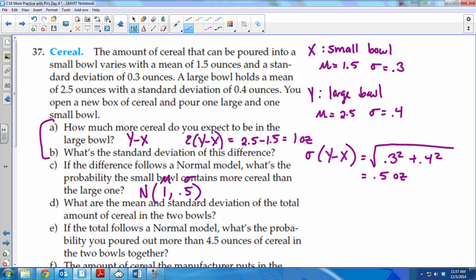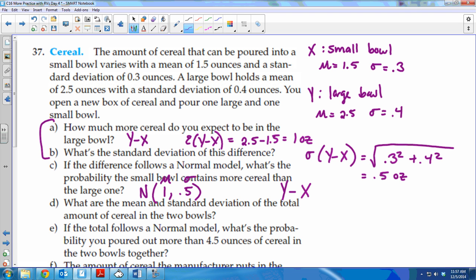Okay? All right, so going back to what the question asks, what's the probability that the small bowl contains more cereal than the large one? We're talking about the difference y minus x, right? Y is going to keep having more until x, what happens with x?